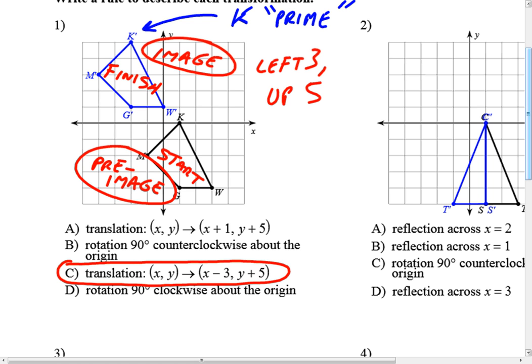Can I count units? 1, 2, 3, 1, 2, 3, 4, 5. I'm going from K to K prime. That set of directions will work for every single point within the figure. So if I go to W and want to get to W prime, it should be left 3, up 5.